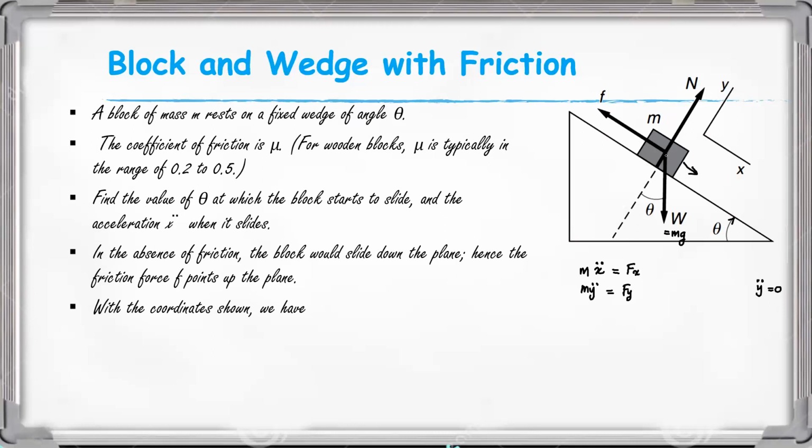Now we have to find the components of the force W along the x and y directions respectively. Here, this angle is theta because it is the angle of the wedge.